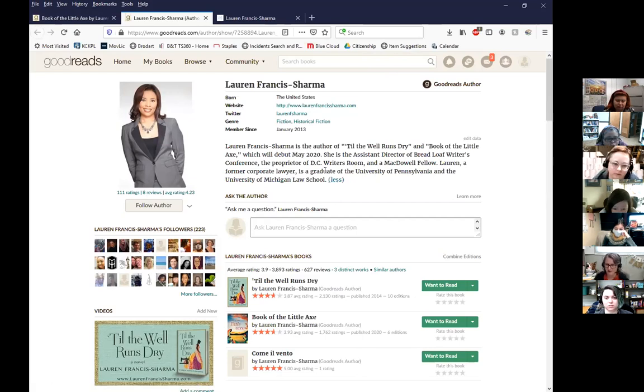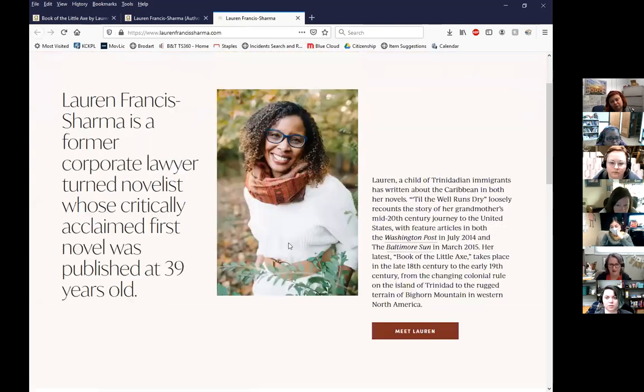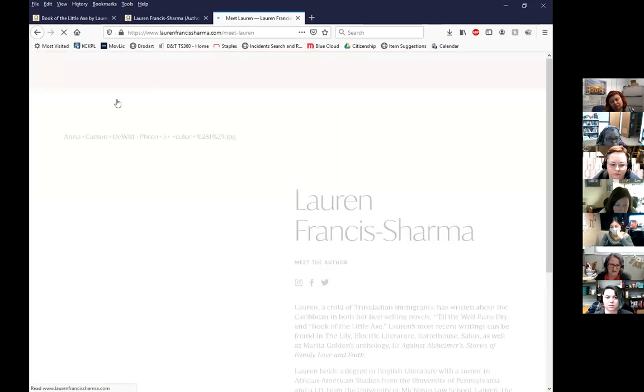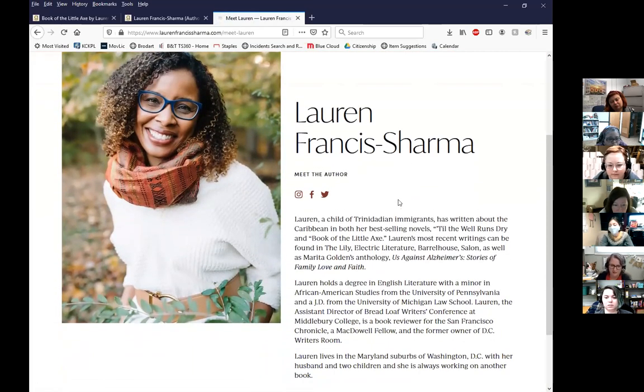I wasn't sure in terms of sexual orientation. So I went to her page, and a lot of times on an author's page you can go to a meet the author or an about the author. It tells me that Lauren is a child of Trinidadian immigrants, so I was more confident then in the author's race and ethnicity.